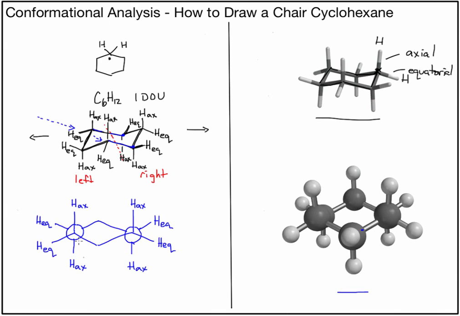So this is a double barrel Newman projection that is useful in determining basically elimination reactions of cyclohexane molecules. So this has been a tutorial screencast on the conformational analysis for drawing chair cyclohexanes.